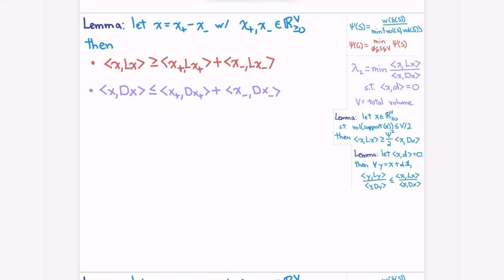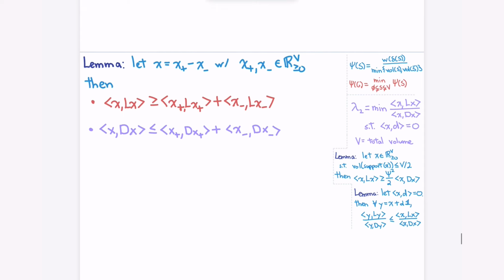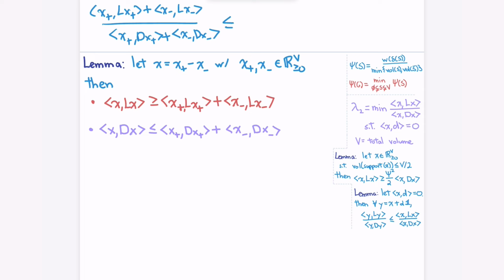So that means if you start combining these things, x plus lx plus plus x minus lx minus over the things for the d's, this should only be smaller.